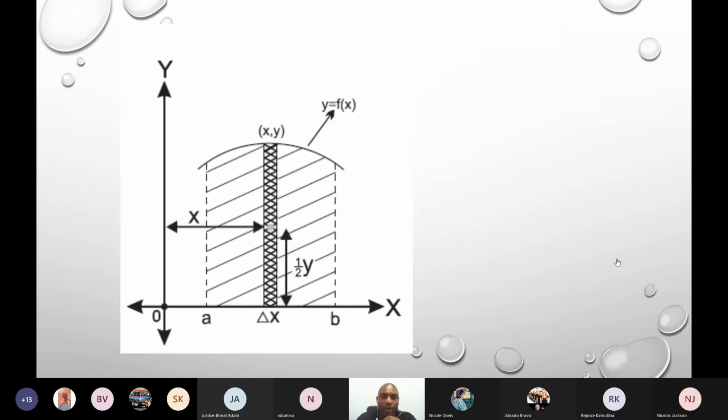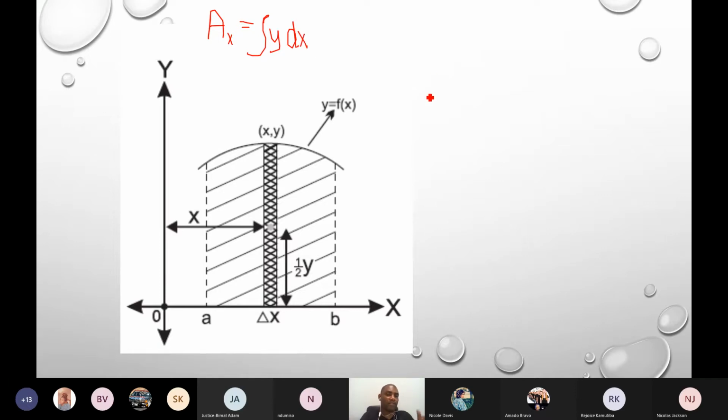For example, let me write it down. Let's say I'm looking for area for this graph here, with limits in the x. It will be the integral of y with respect to x.